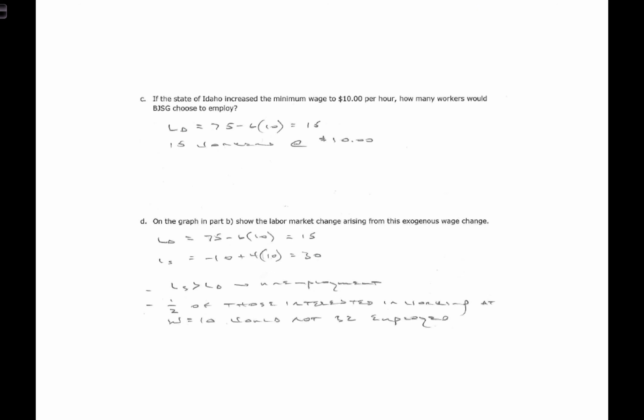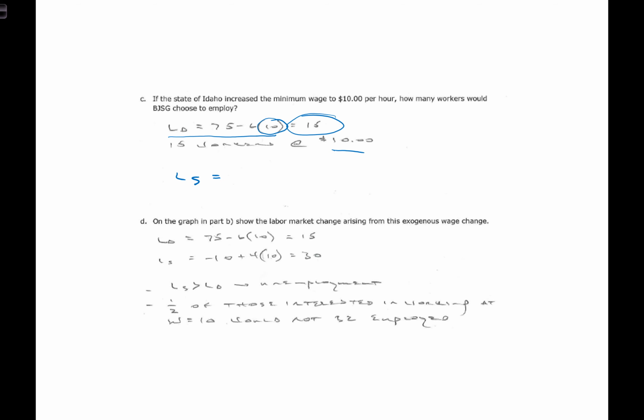In item C, I said if the state of Idaho chooses to increase the minimum wage to $10 per hour, how many workers would the firm employ? Well, the firm still has a demand of 75 minus 6W. So if we put that $10 into 75 minus 6W, we get 15 workers. All right, can we think about the same thing with respect to supply now? Well, we could.